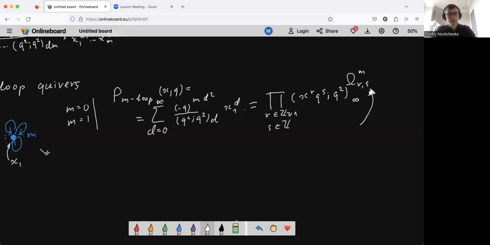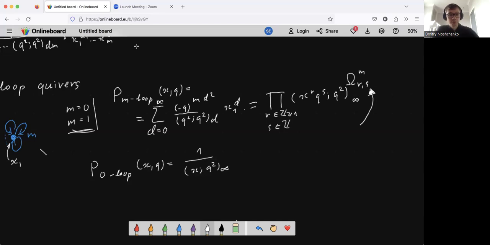However, in the case when m equals 0 and 1, one can easily write such a product form. So I will just write it below. You can check yourself that the zero-loop quiver equals 1 over a single q-Pochhammer, so it will be (x; q squared) infinity.